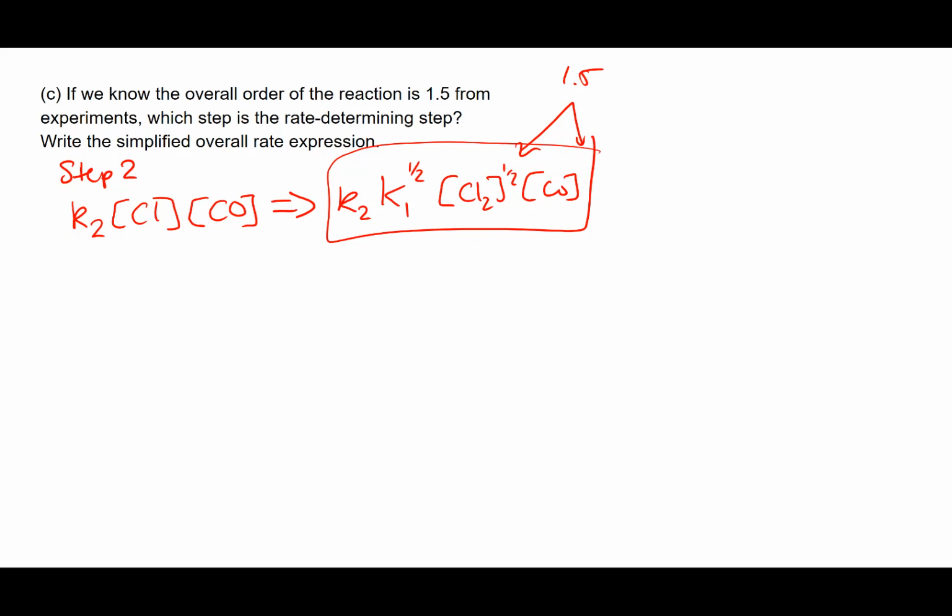Another way you can write it out is, because these are constants, you can simply say k observed times Cl2 to the 1/2 times CO. But that's it. So that's how you derive the rate law for this specific reaction mechanism using the steady state approximation.